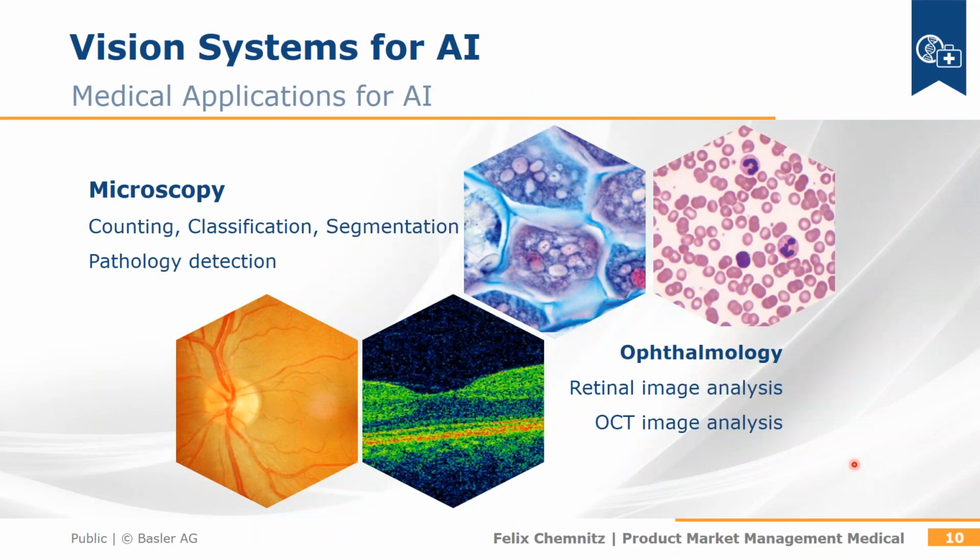The fields we see AI in are, for once, the microscopy field, for example in the medical field, where we have cell segmentation, classification, or even automatic counting of cells. Or in pathology, if you think about whole slide scanning, where you have to define the diseased areas or diseased tissue.